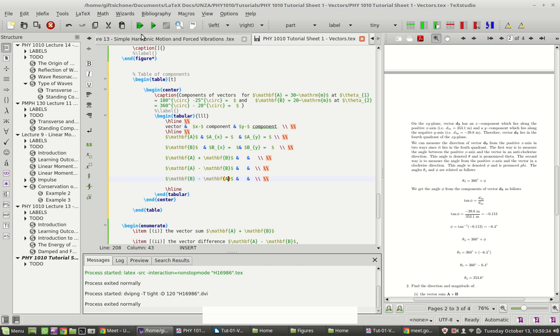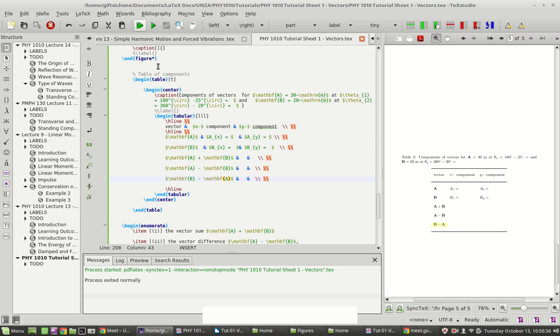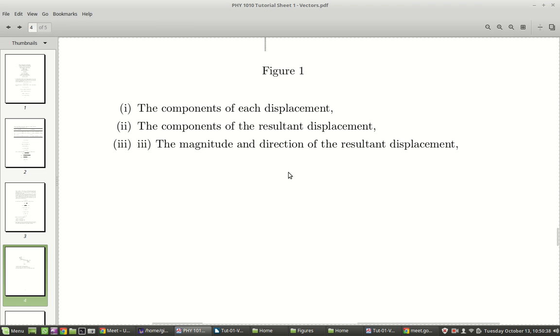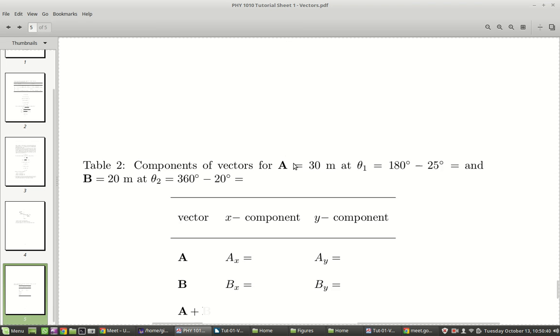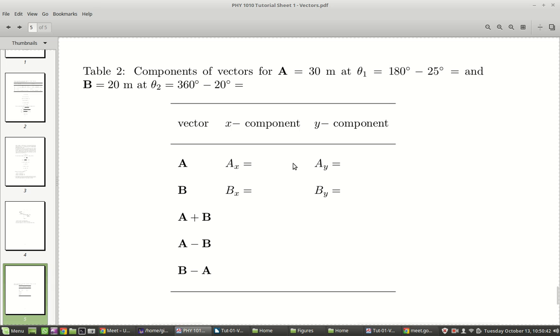Okay, let's see what it looks like. So basically, this is our table. We have components of vectors. The size of vector A is 30 meters.